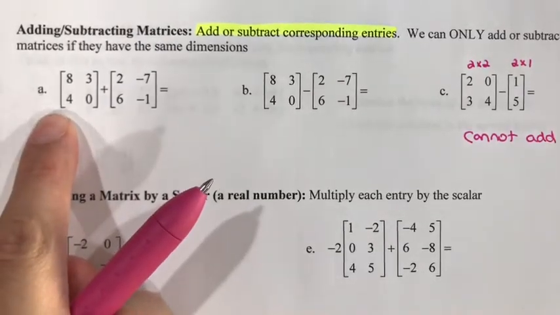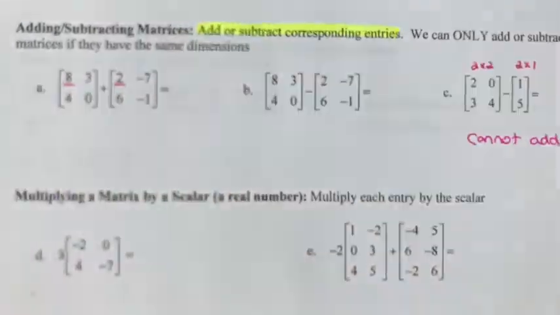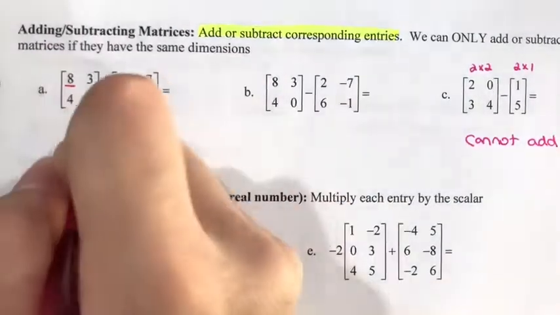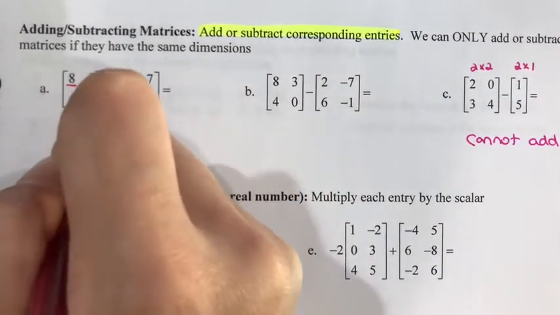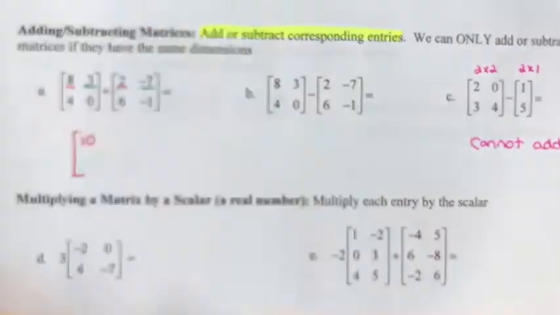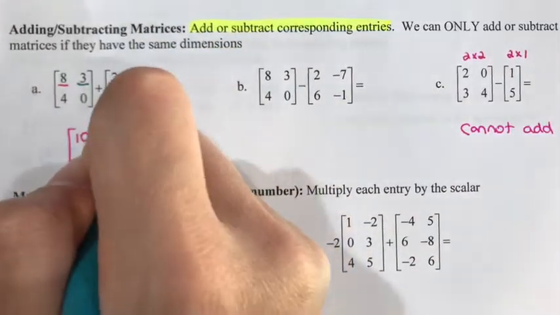Now, looking at our first example, addition means I'm going to add the corresponding entries. If I'm looking at the top left, I add it to the top left, and that gives me 10. Now I'm going to move to top right, add these together, I get -4.